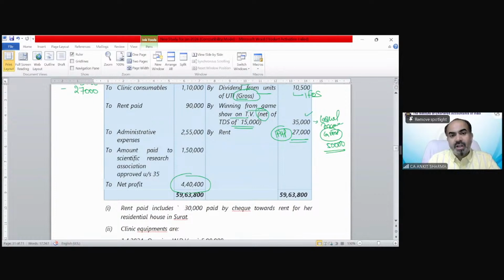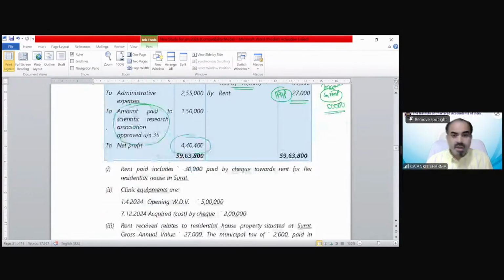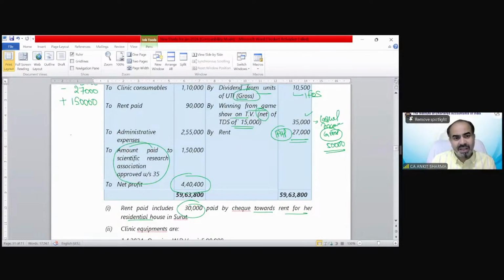Now, amount paid to scientific research approved under section 35: section 35 deduction is not allowed under the default tax regime. So you have claimed it, but under the default tax regime this cannot be allowed, so it is going to be added back. Now under rent paid, 30,000 paid by cheque towards rent for her residential house. That's a personal expenditure, so that is going to be added back.